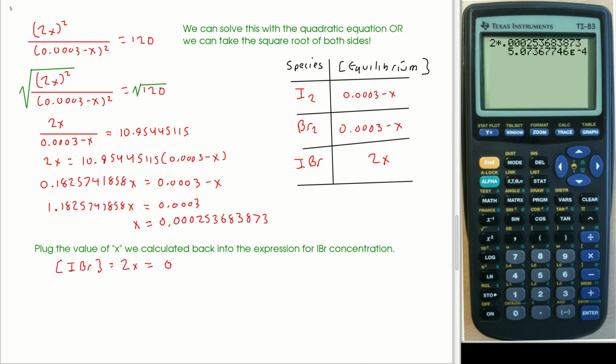So basically 0.00051, based on what I've got here, 2 significant figures is probably all I'm going to get, molar iodine monobromide.